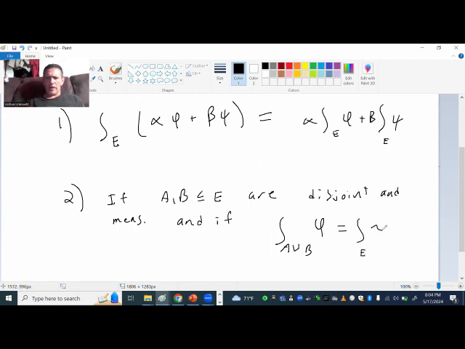So it's going to be the characteristic function of A disjoint union B times phi. This is a simple function, product of these two. So it'd be clear.